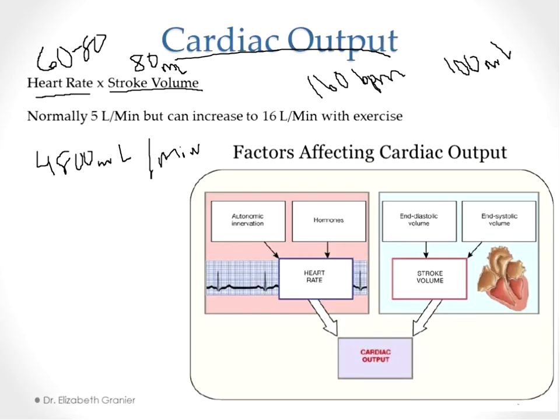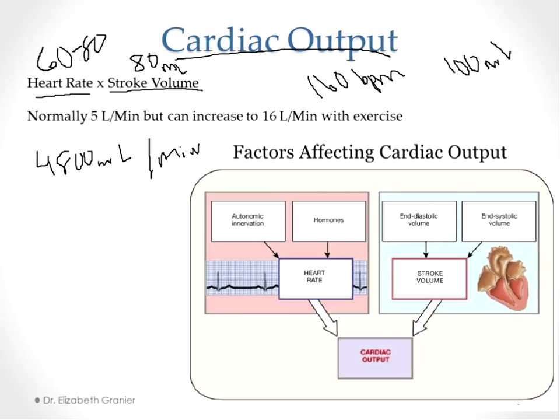Okay? So when we look at heart function, we want to know that your heart is beating a normal amount a minute, and it's pumping out a normal volume of blood a minute. And so anything that changes related to how much volume leaves the heart per beat and how many beats per minute it's taking is going to then affect heart function and whole body function.